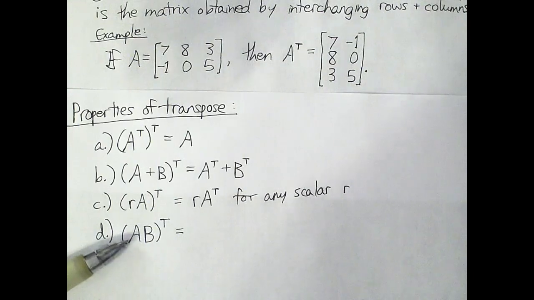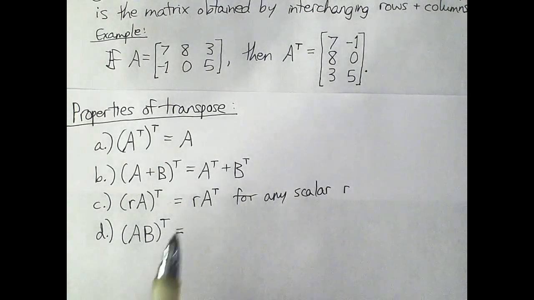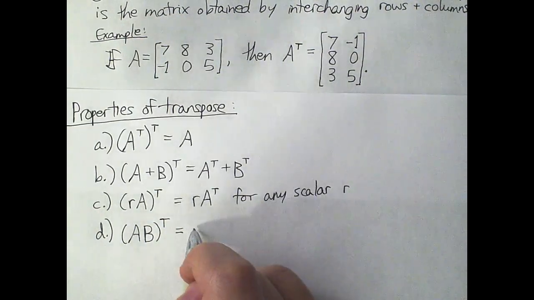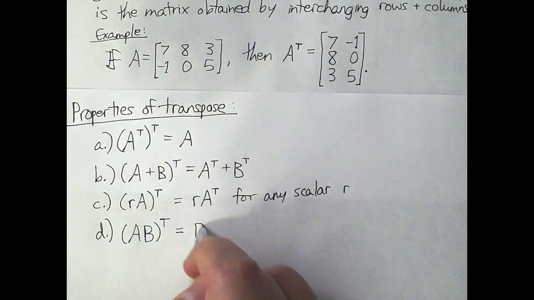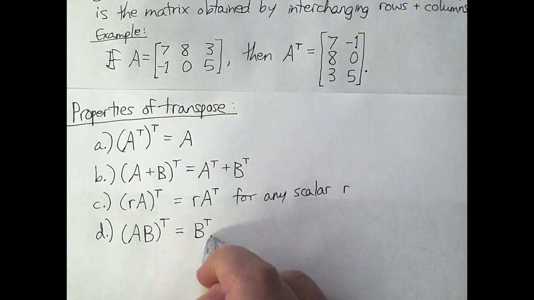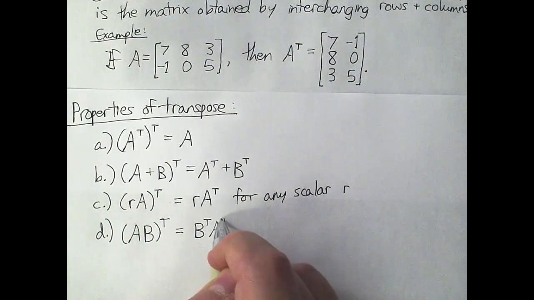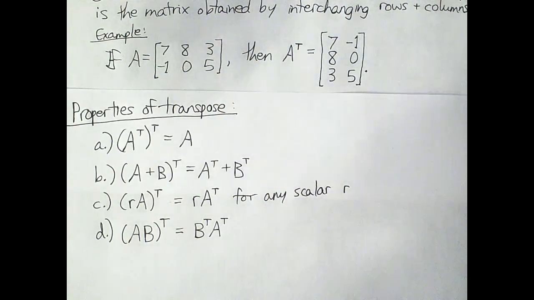D is the product of two matrices, transpose. Do you think this one is also going to be distributive? Do you think it's just going to be like A transpose, B transpose? Or do you think it's going to be something else? This one might be a little bit surprising. It actually equals B transpose, A transpose.